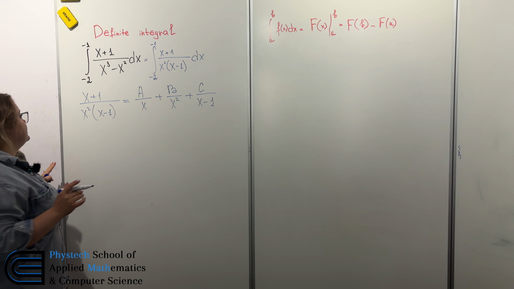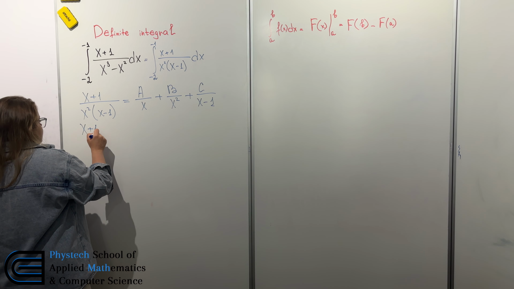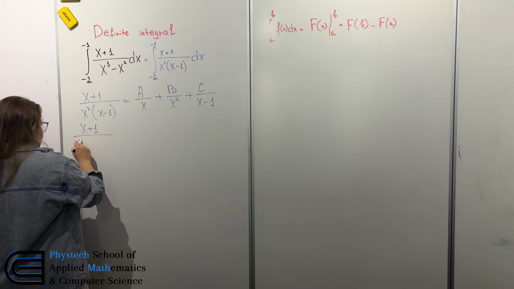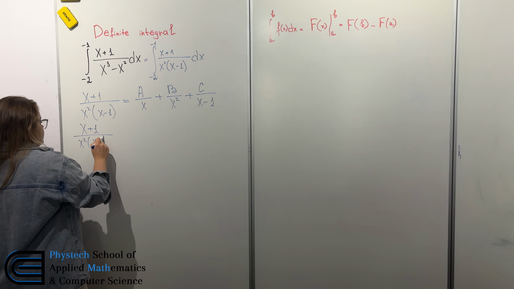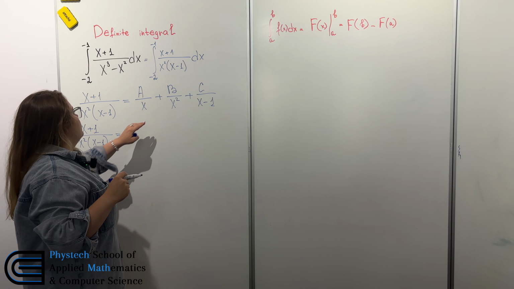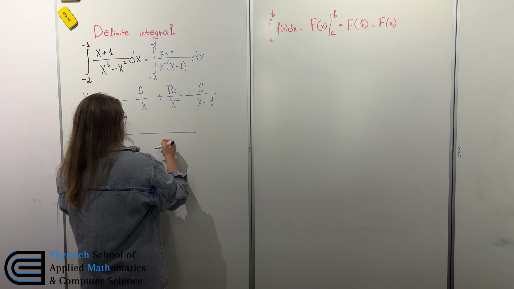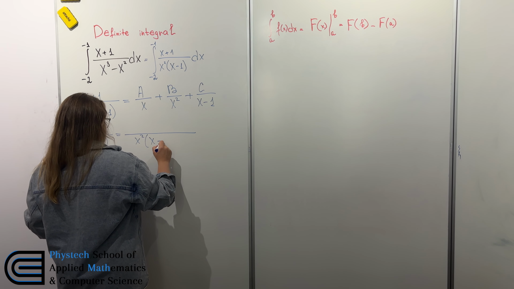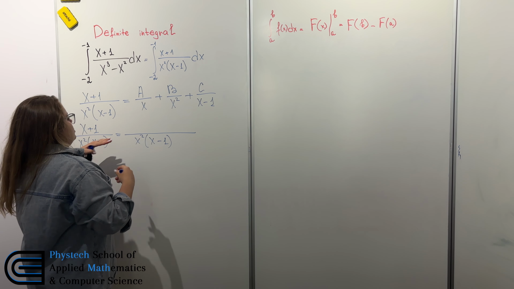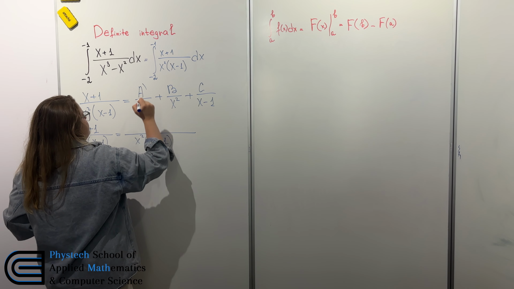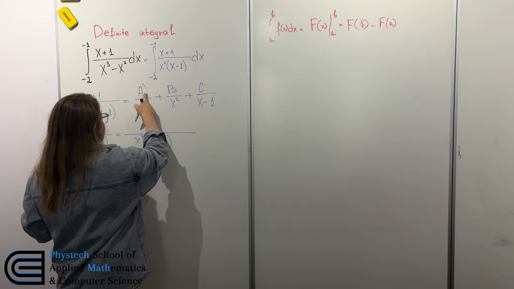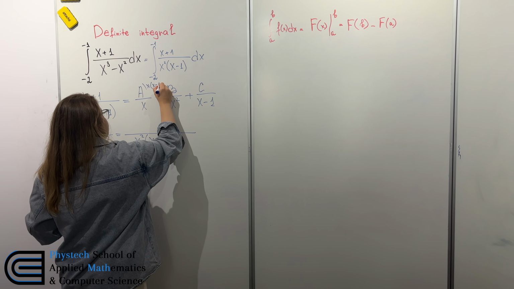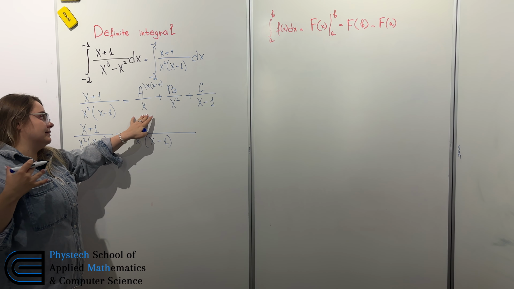So let's calculate, let's find our a, b, and c. First part I will just rewrite, and then what should we do? If we have here the denominator x squared multiplied by x minus 1, what should we multiply here? We should multiply our a by x and also by x minus 1, because here we have only x.